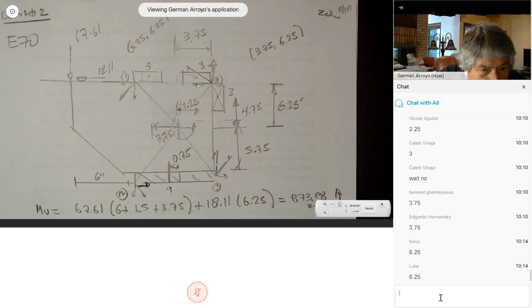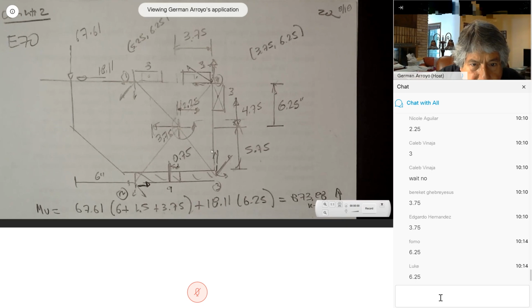This is the force at this point, one component going down, a component going to the left. This is the force in this corner, a component to the right, a component down. At this corner, the force produced by the moment is perpendicular to this line, with a component to the right and a component down.